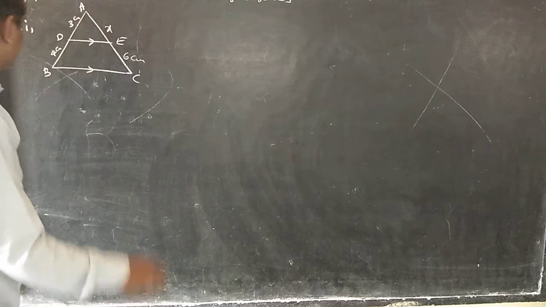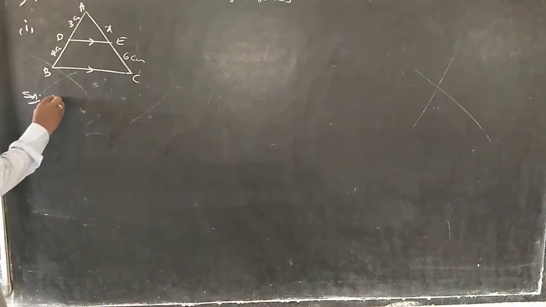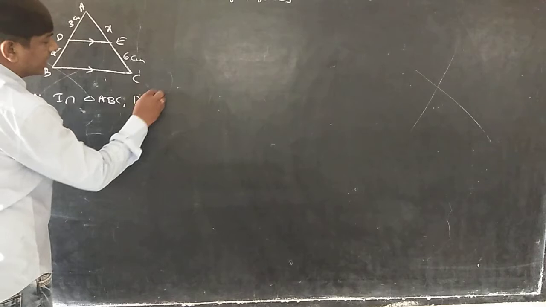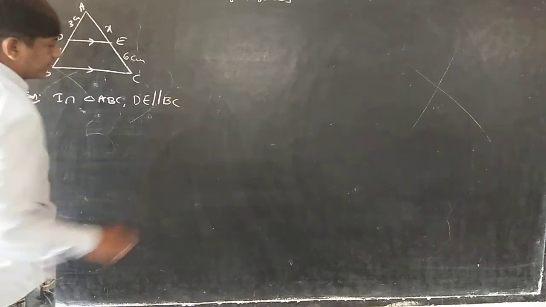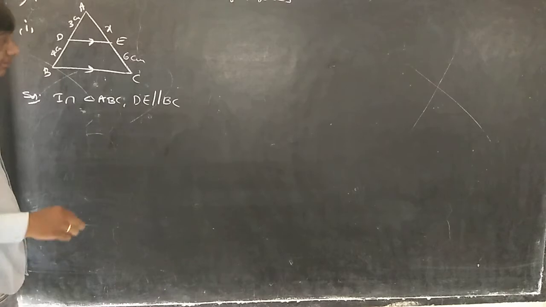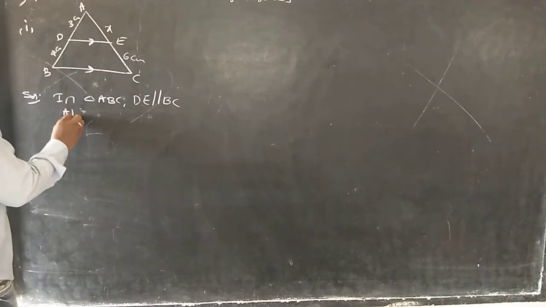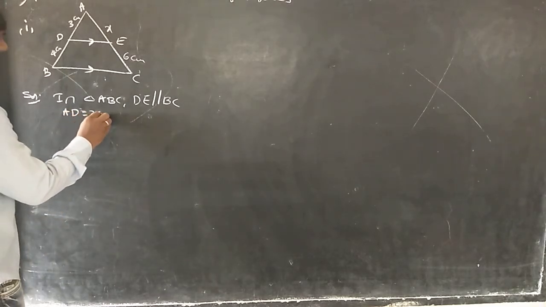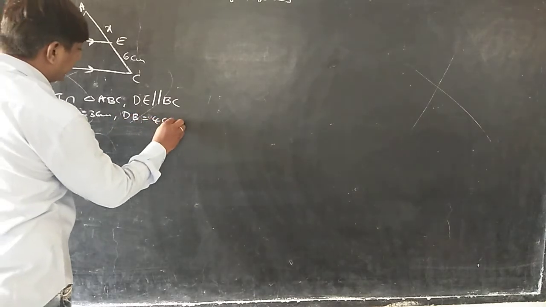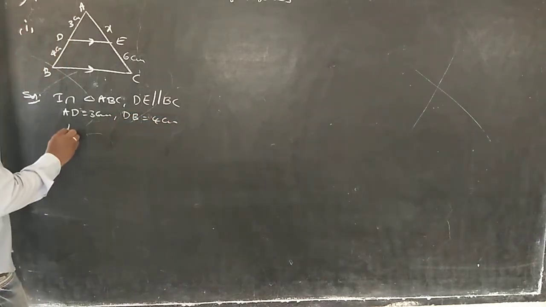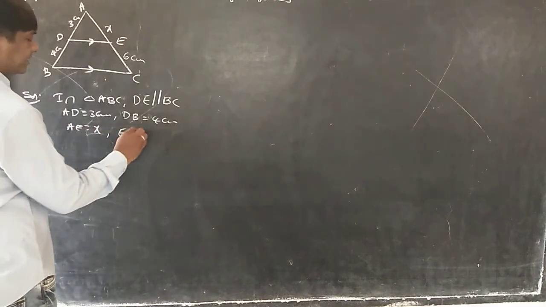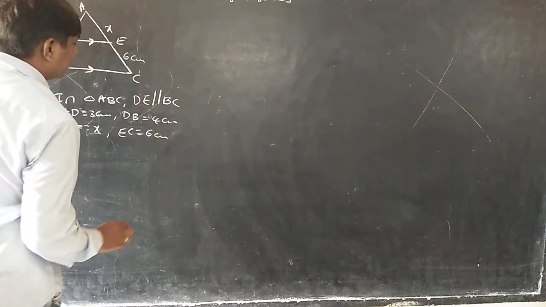Find x. See here in triangle ABC, they given DE parallel to BC. This symbol is a parallel, and they given here AD is equal to 3 centimeters, DB is equal to 4 centimeters, AE is equal to x and EC is equal to 6 centimeters.